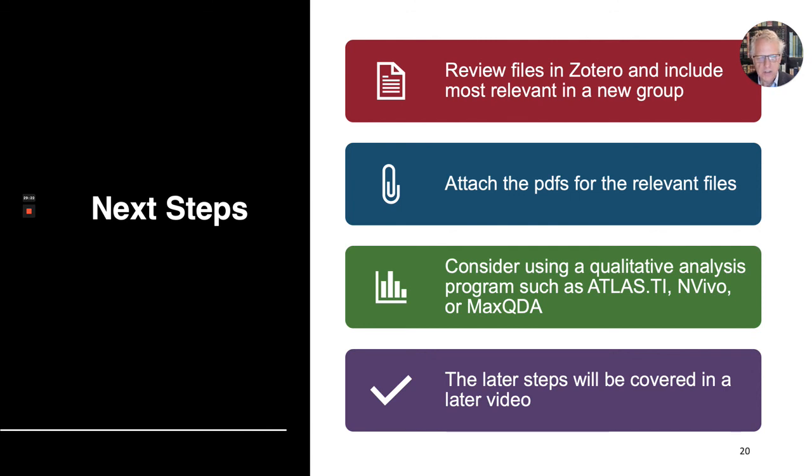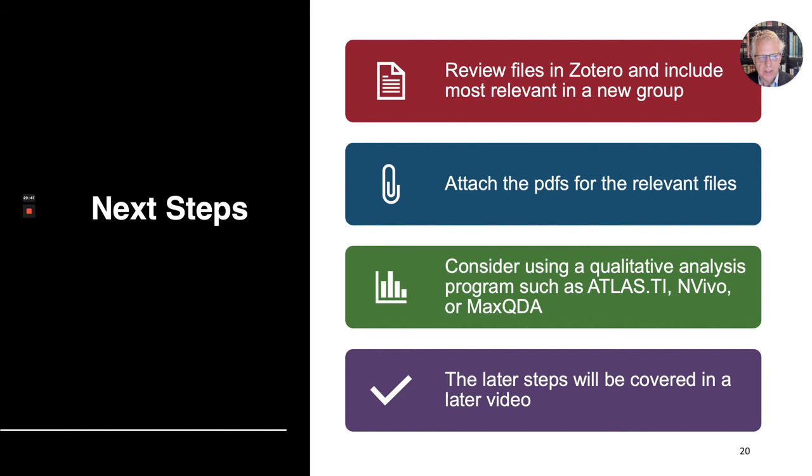You may consider moving the reference list and PDFs out to a separate file folder in a process and looking at them in more detail using a qualitative analysis program such as Atlas TI, NVivo, or MaxQDA. All are very good for looking at a literature review and creating an in-depth analysis of the literature.